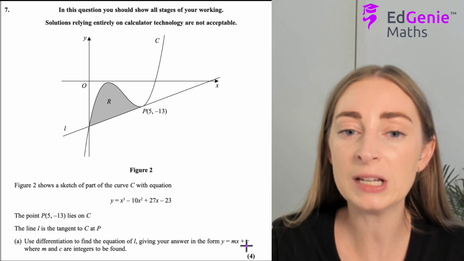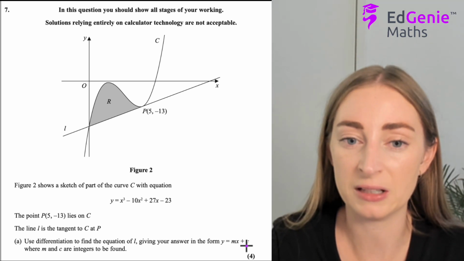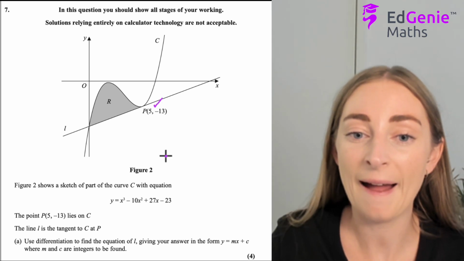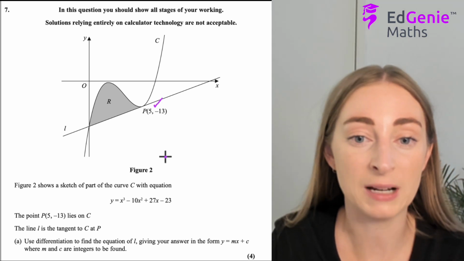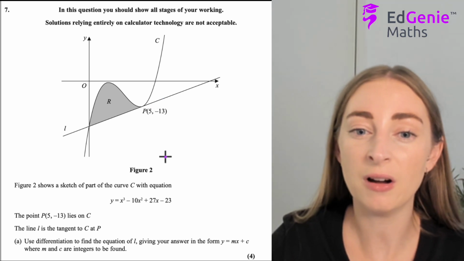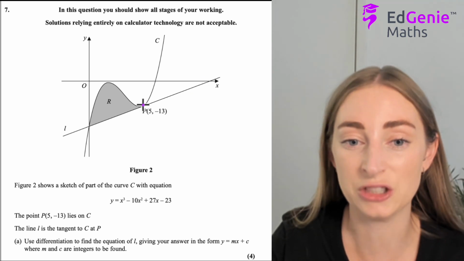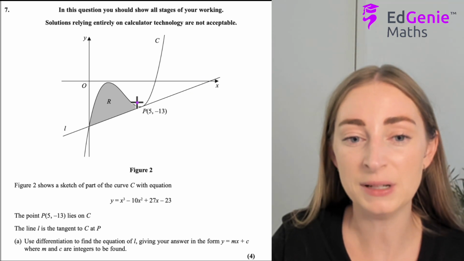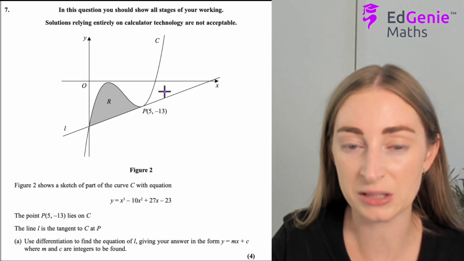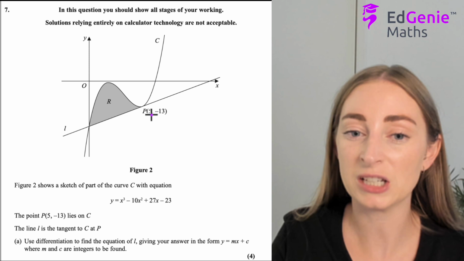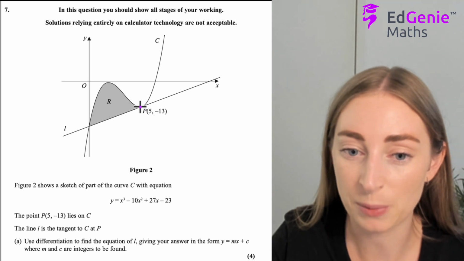So there's 2 things we need for an equation of a line. We need a coordinate, which we've got here, and we also need a gradient. So we need to try and find the gradient of this line. Because we know it's a tangent at this point, if we differentiate the equation for this curve and then we can substitute in 5, that's going to give us our gradient at this point.